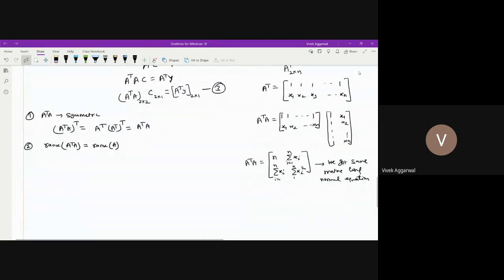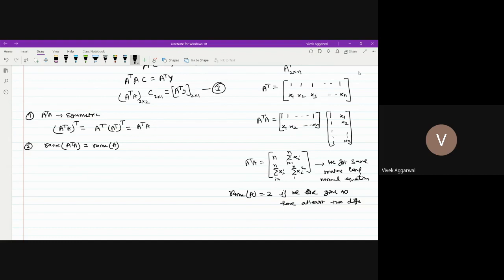Okay, so from here I can say that the rank of the matrix A is 2 if we are going to have at least two different points.